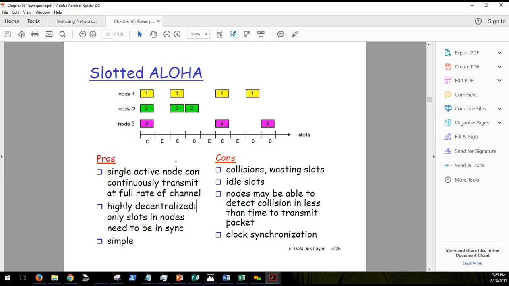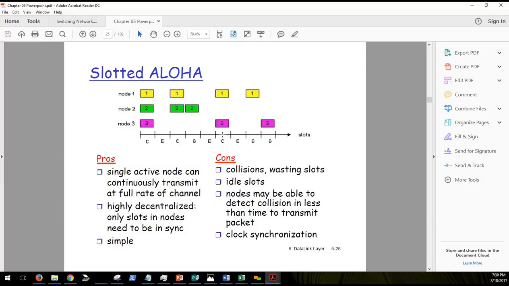Let's start at the very bottom, okay? Do hubs and repeaters use the data link layer? No. If they don't use the data link layer, they don't care about this. They have no knowledge of it. They don't care about it.